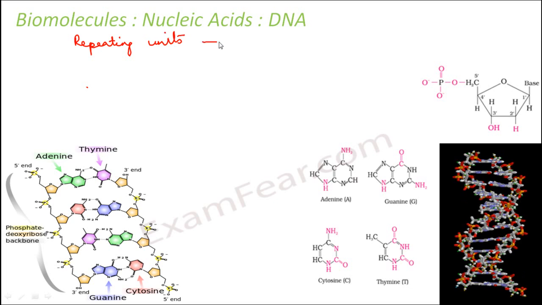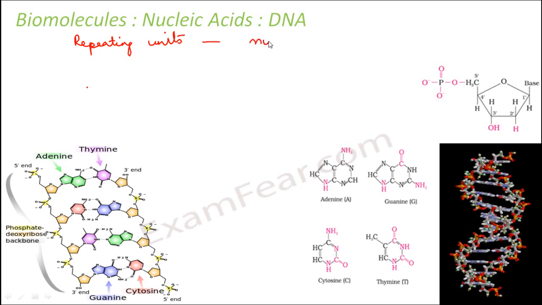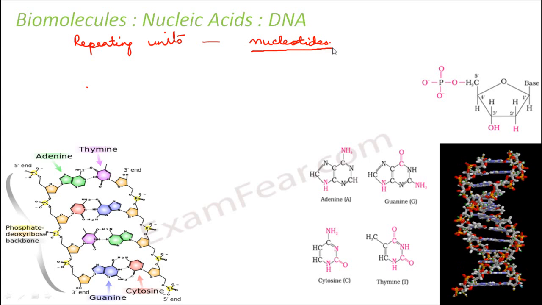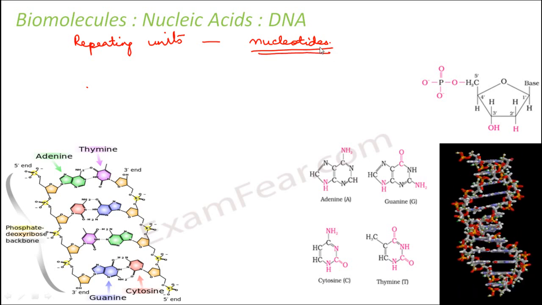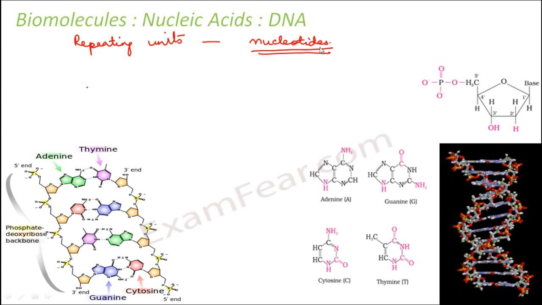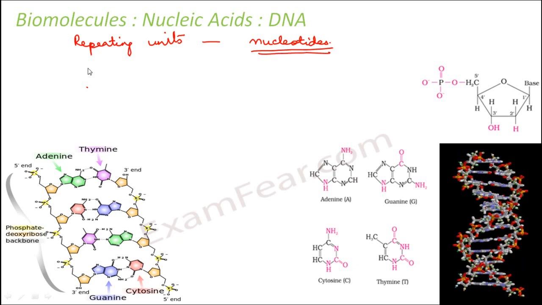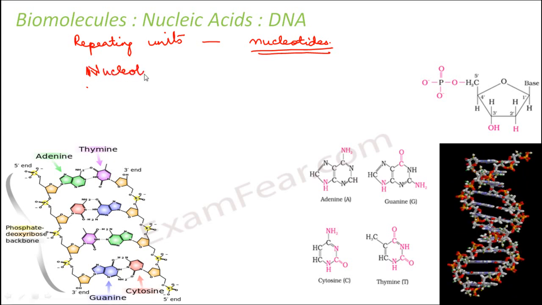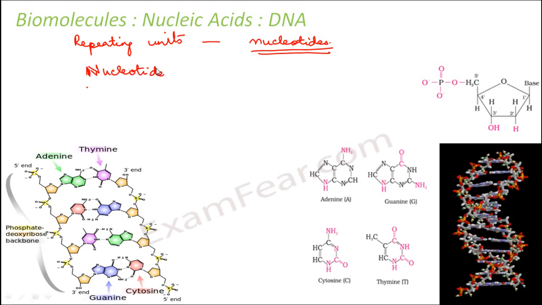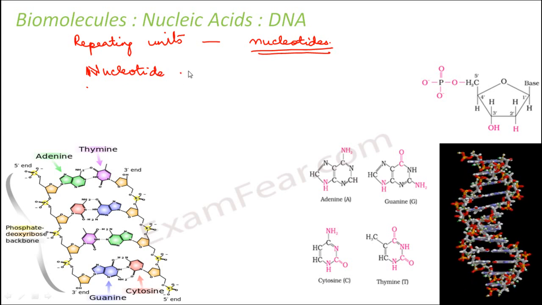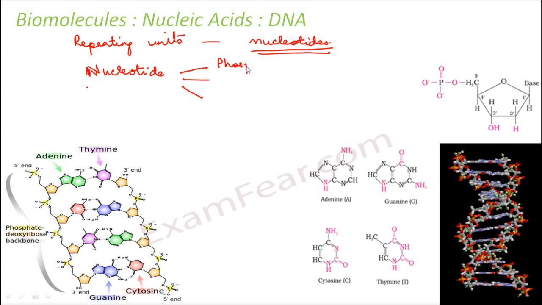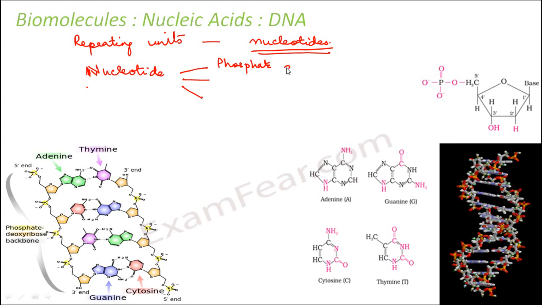Similarly, nucleic acids are made up of repeating units called nucleotides. Several nucleotides get linked together to form a nucleic acid. Let us look at the structure of a nucleotide. A single nucleotide has three parts. The first part is a phosphate group.